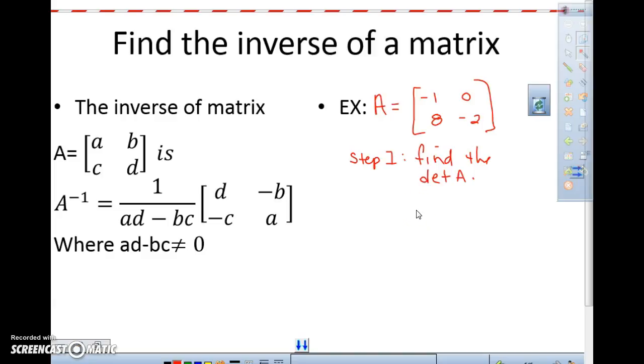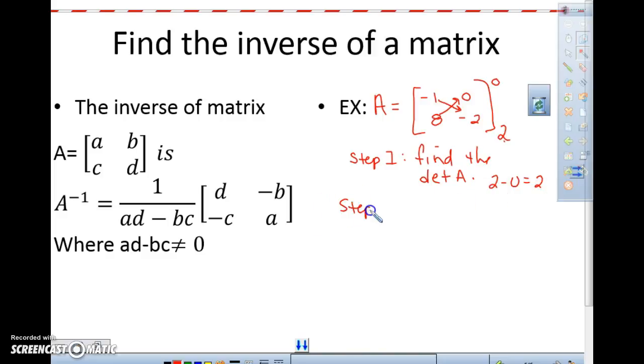The first step is to find the determinant. That is what this part of the formula is. This is the determinant, where we multiply down the diagonals. -1 times -2 is 2. 8 times 0 is 0. What's bottom minus top? 2, right?